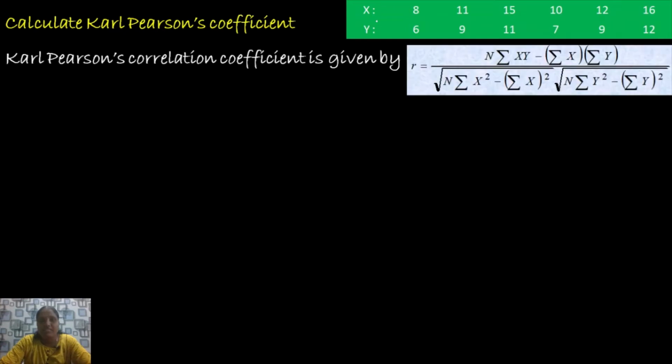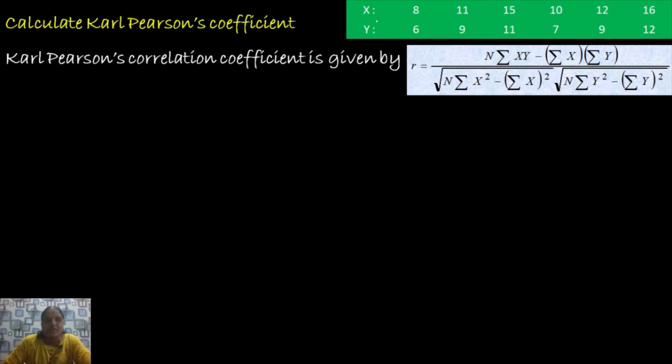Let me first write down the formula to calculate the coefficient of correlation. So we make use of this formula. For that we need the values of sigma xy, sigma x, sigma y and sigma x square, sigma y square.